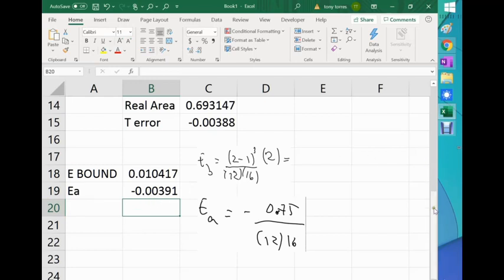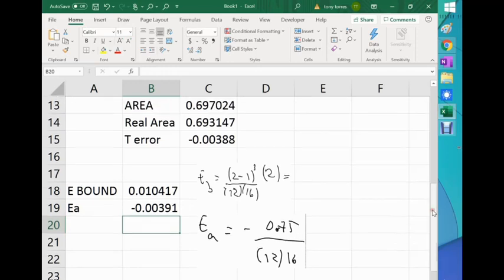Now, this is the part that, as I was telling you guys, makes more sense to use truncation error, because at the end, this is by the formula what I got, 0.0039.